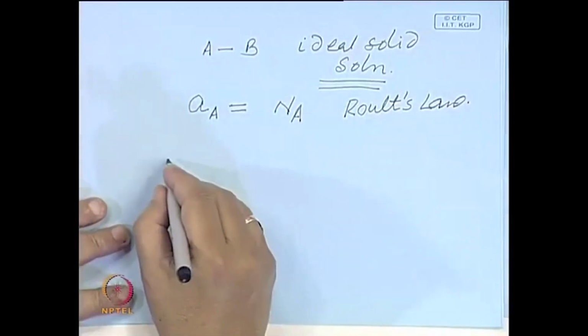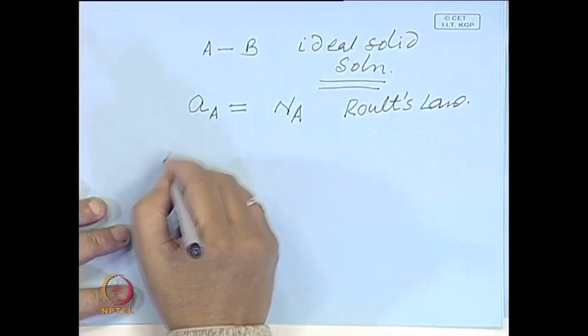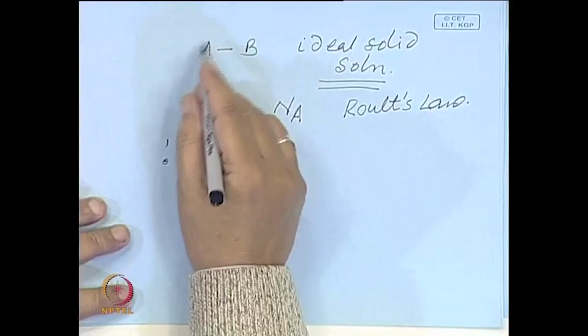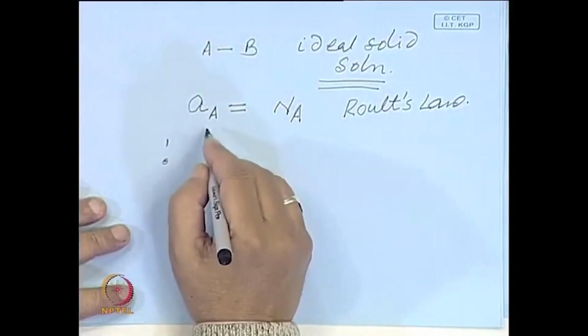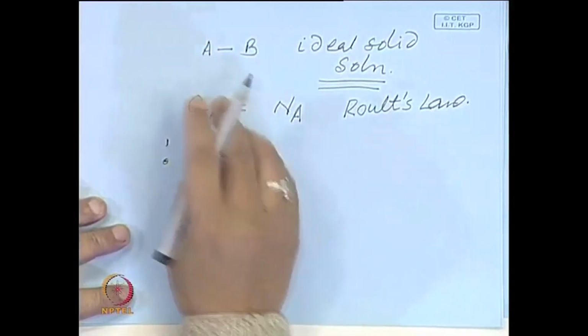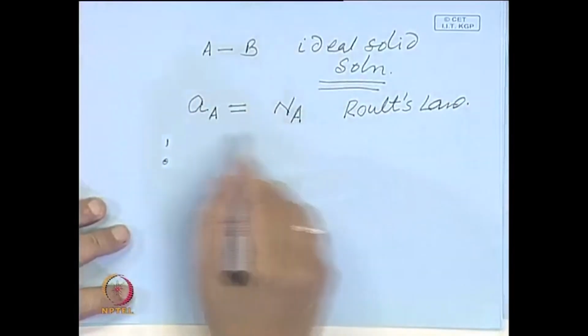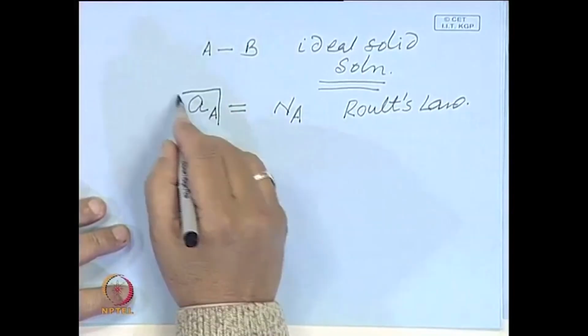So if you have A and B atoms, at any time the number of B atoms surrounding A will be exactly equal to that derived from the composition.